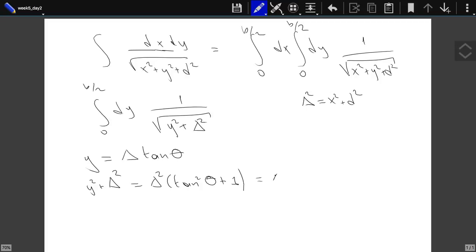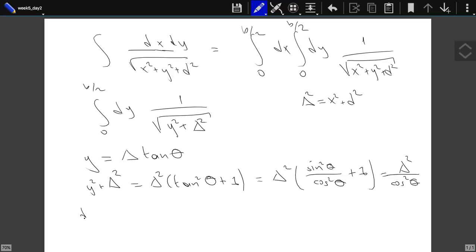And 1 plus tangent squared theta, well, if you don't remember, this is sine squared theta divided by cosine squared theta plus 1, which is delta squared divided by cosine squared theta. So if you put it under the square root, you get delta over cosine theta, so that becomes cosine theta over delta, which is a much easier integral to evaluate.